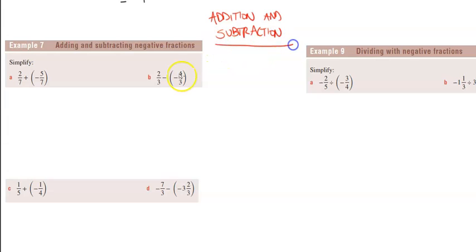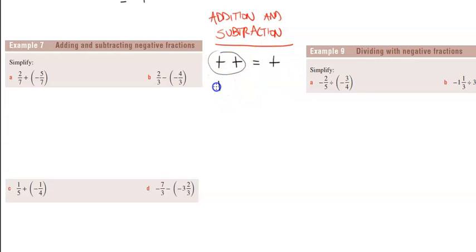When it comes to addition and subtraction, if we see two positives next to each other, let's just disregard if there's a bracket or not. When we see two additions together, we're going to circle them and just turn them into an addition or a plus.